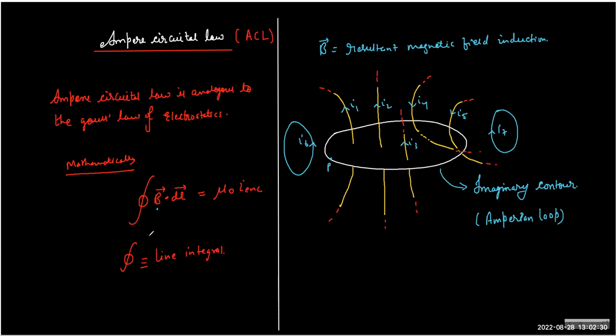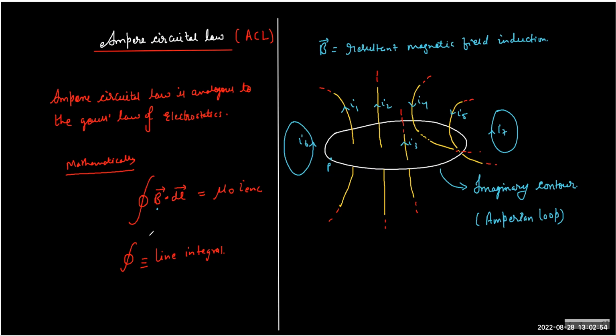Similar to the formula Q upon epsilon naught, which we call flux, mu naught into I enclosed you can think of logically as a current flux. So flux will only decide who is crossing through it, because others are not going. So what is the flux of the others? Can we say 0?